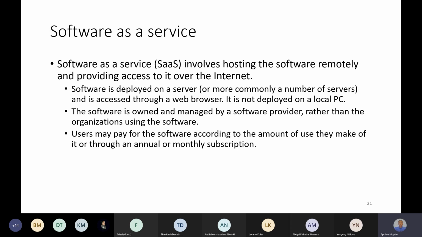Users may pay for the software according to the amount of use they make of it, or through an annual or monthly subscription. So these are some of the benefits: you pay for what you use, okay? And when you experience a period where you're not under pressure, then you pay less, which is good for you, okay? So there is some sort of flexible subscription model.